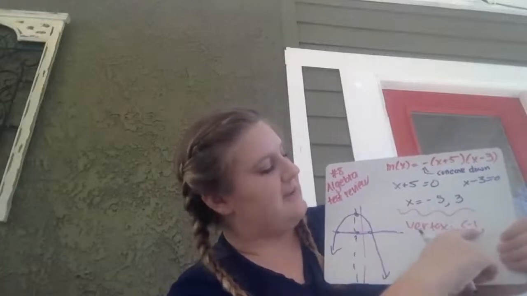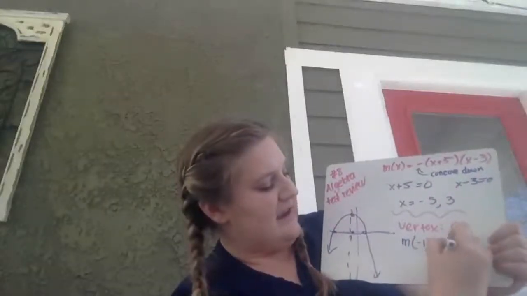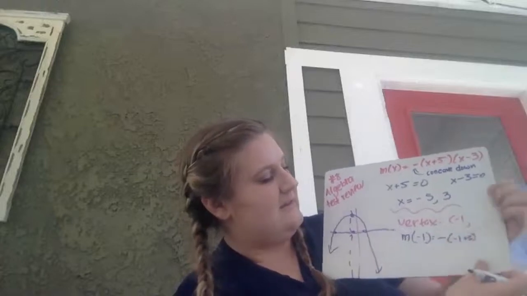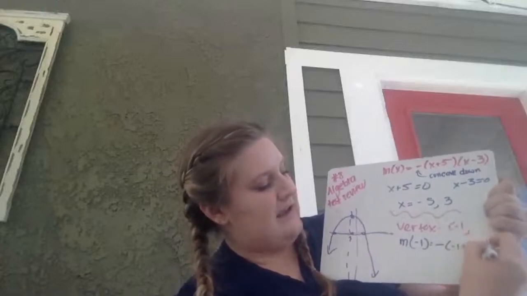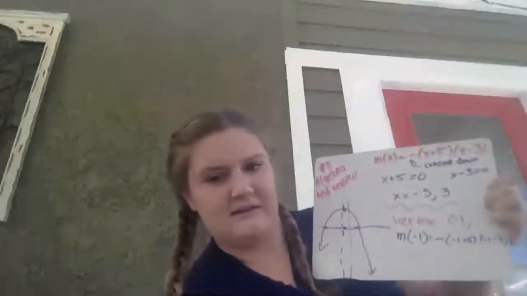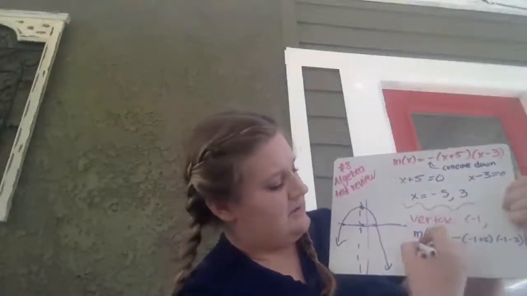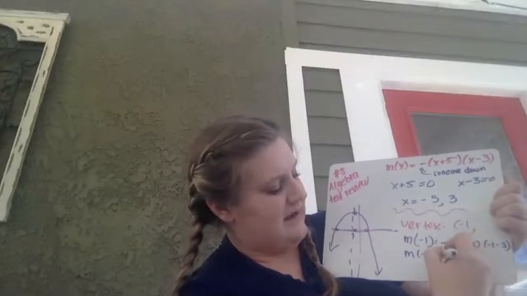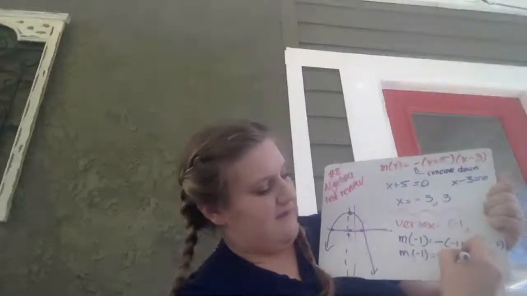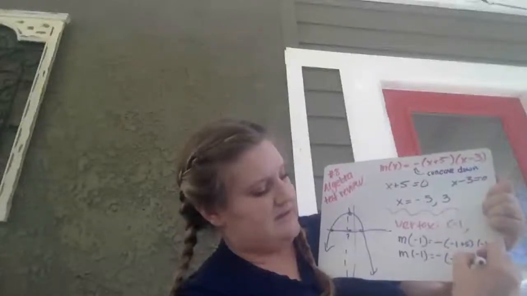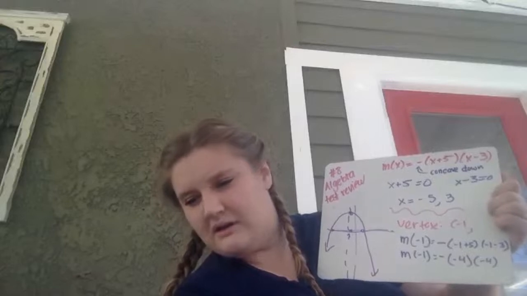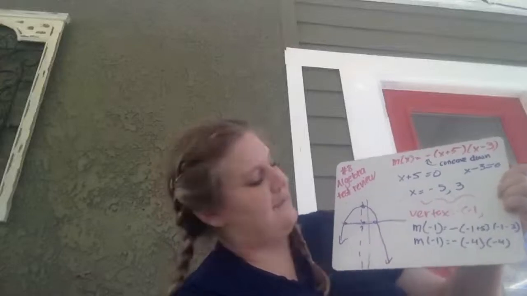Now I'm going to plug that in, which is negative 1 plus 5 in parentheses, and negative 1 minus 3. So we get m of negative 1 equals negative 4 times negative 4. Just making sure I'm good. Yep.